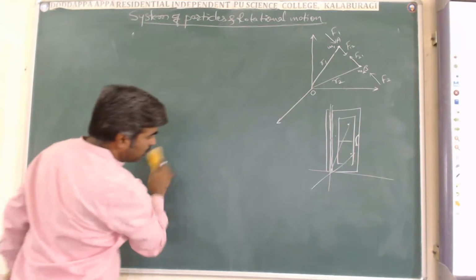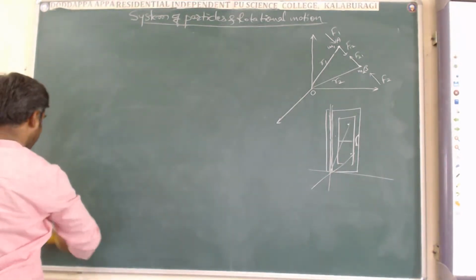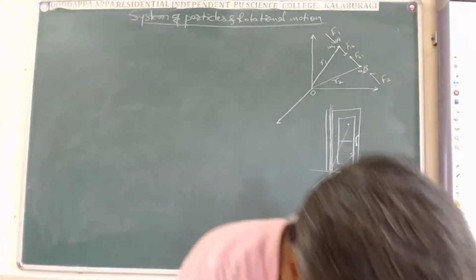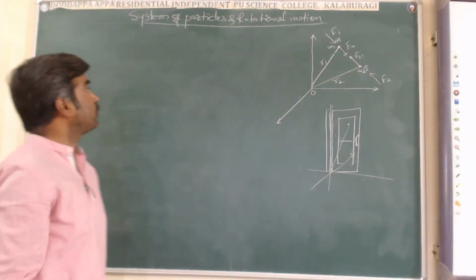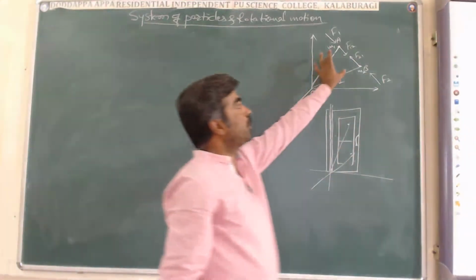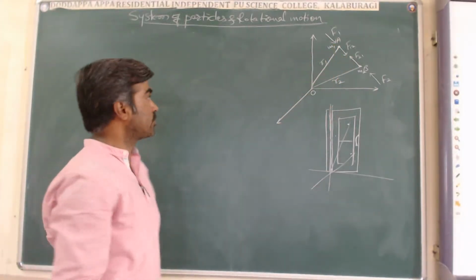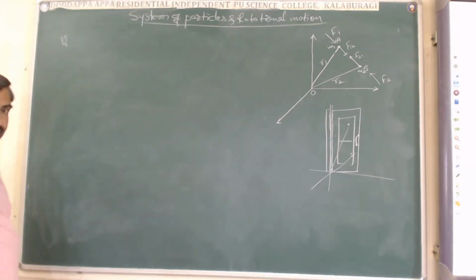So as the particles start rotating or moving due to the application of forces, when these two particles start moving, they acquire velocities, defined as v1 and v2.